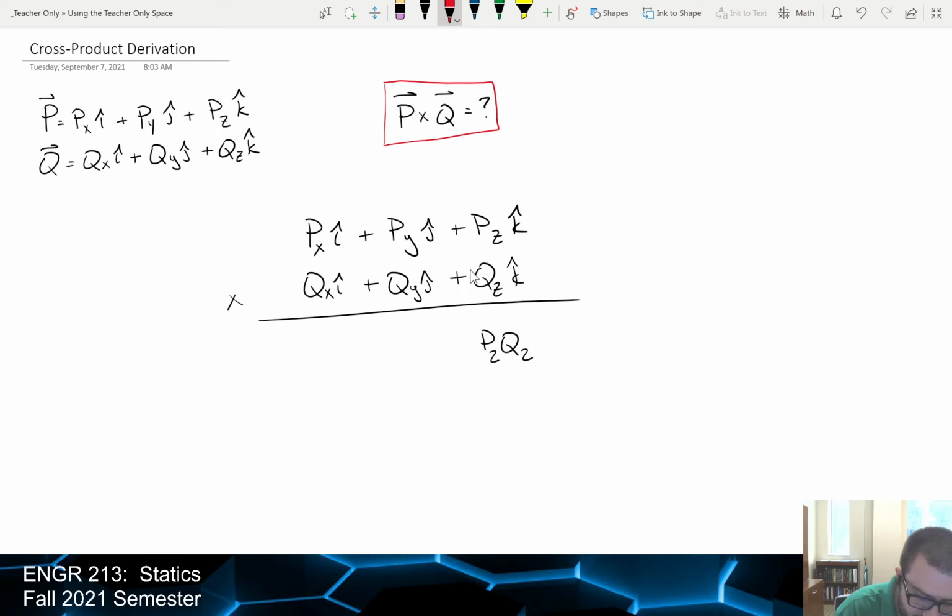Okay, so let me guide this a little better. First thing we're going to do is this times this. And so what I ought to do is actually write out the k cross k right here. So that's this term. Okay. So what am I doing here? I'm taking the constants times the constants, or the scalars times the scalars, so pz qz, and then k cross k. I'm just following out the algebra.